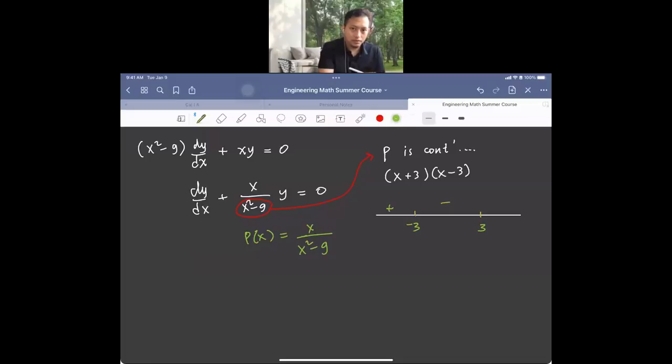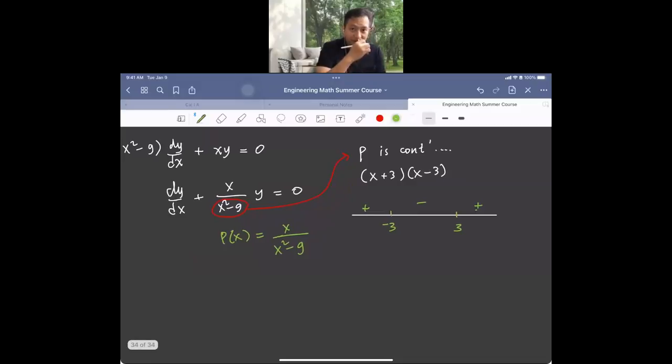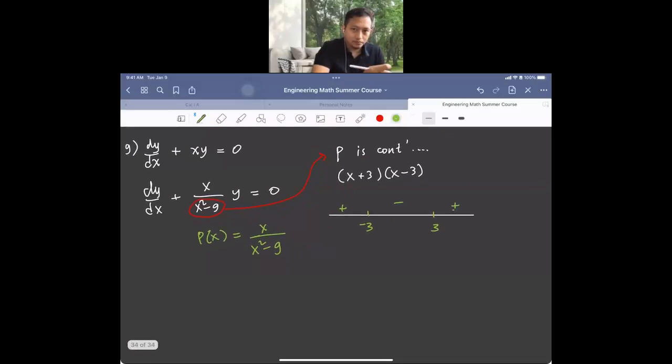So it's negative, this is positive, so we know that this is continuous. We just check the continuity: as long as x is not equal to negative 3 and x is not equal to 3, P is continuous, right?